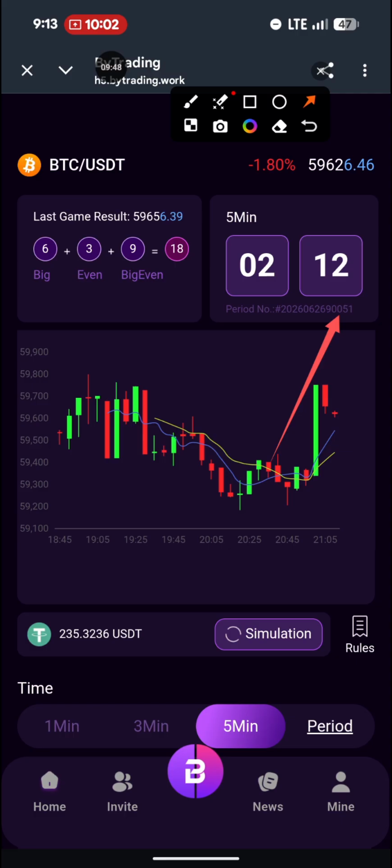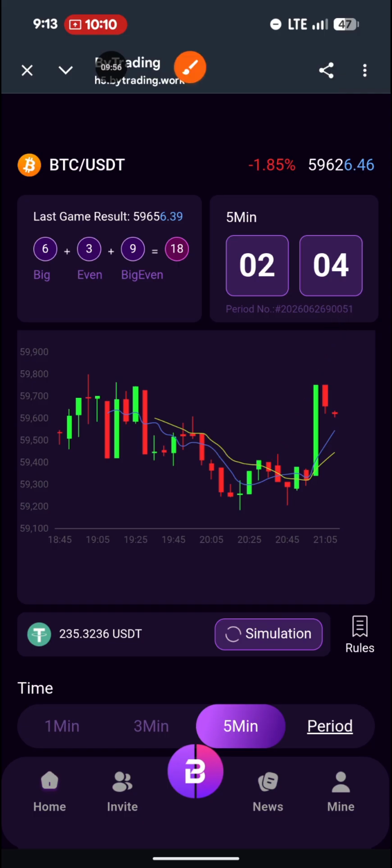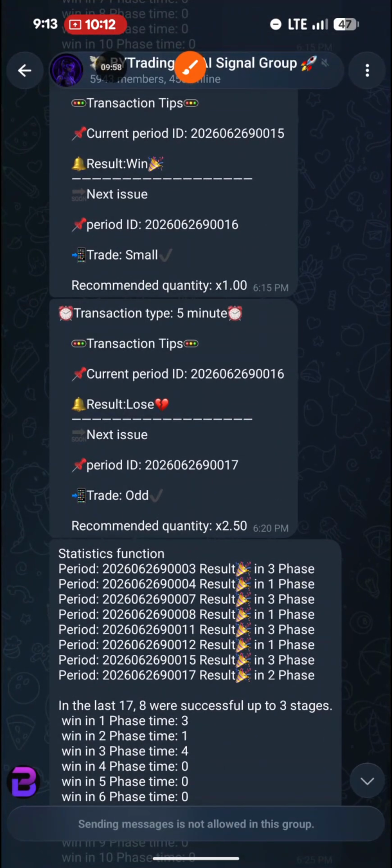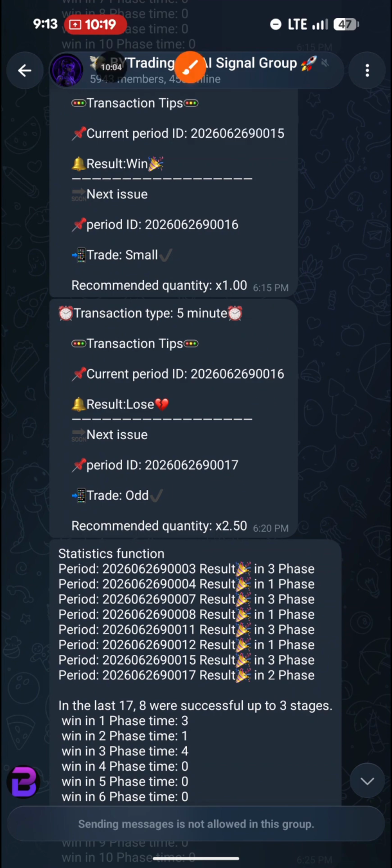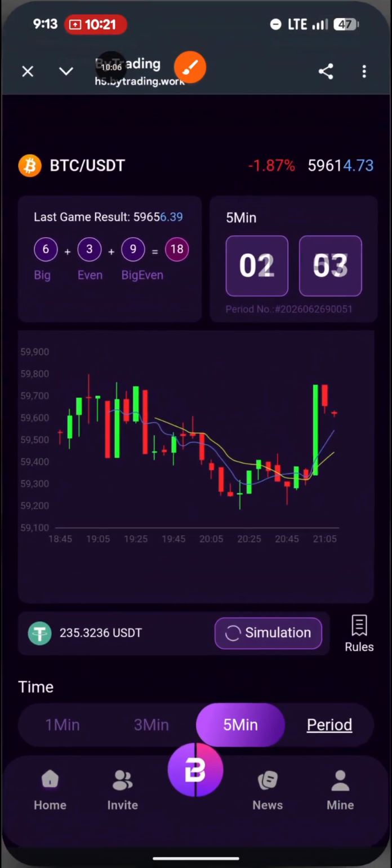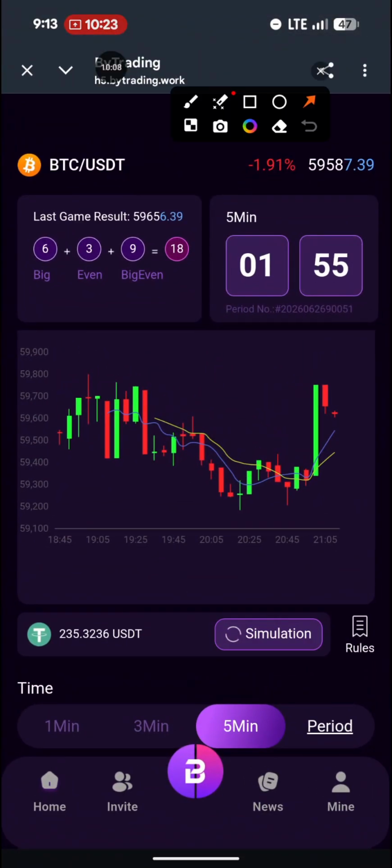Okay, let me use this as an example: period ID number 016. When you get here, you discover that this is period number 016, the last two digits.